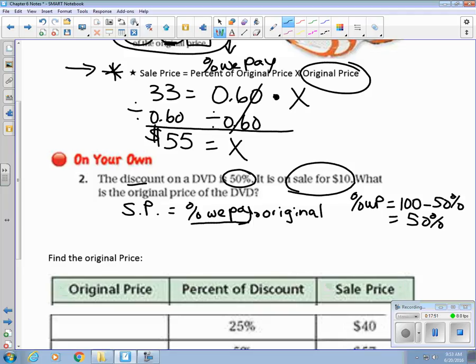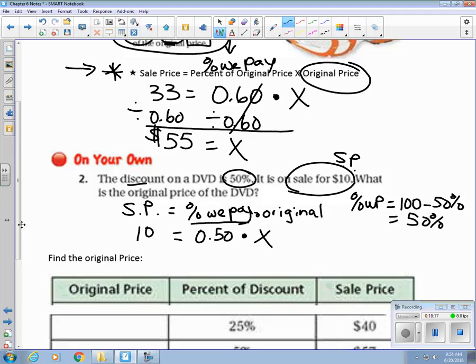Now, they told us that the sale price, this is the sale price right here, was $10. So I'm going to plug that in. $10 for the sale price. The percent we pay is the 50%, so that's 0.50 times the original amount. Well, the original amount is what we're trying to figure out, so that's X. And we're going to do the same thing we did in the other example. We want to get X by itself to find the original price.